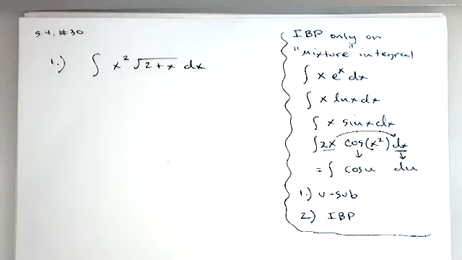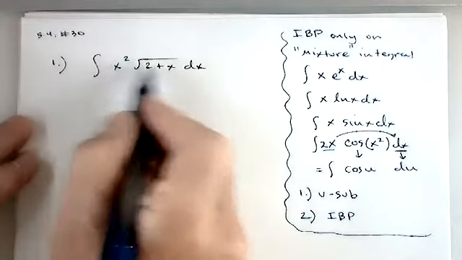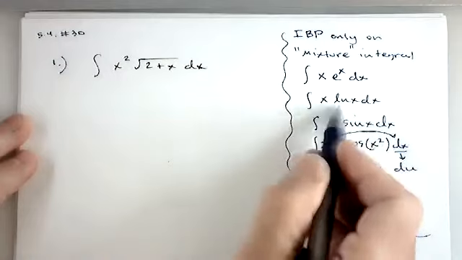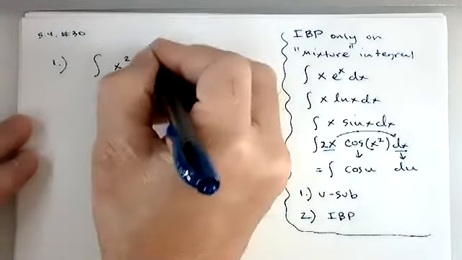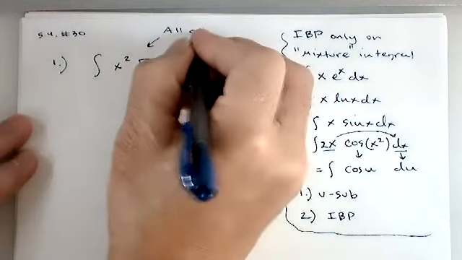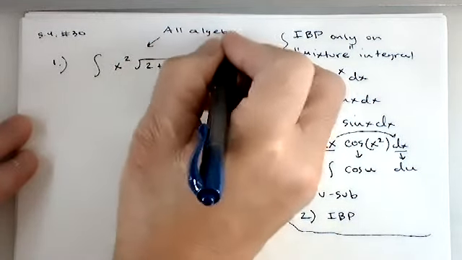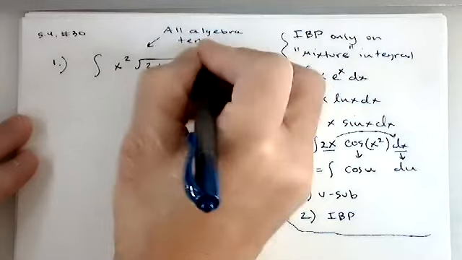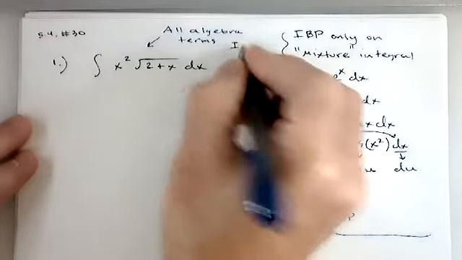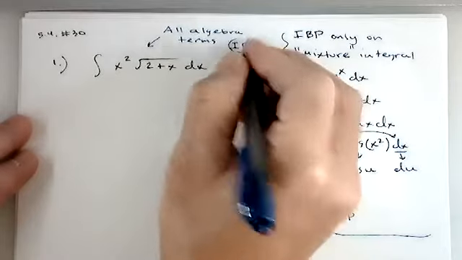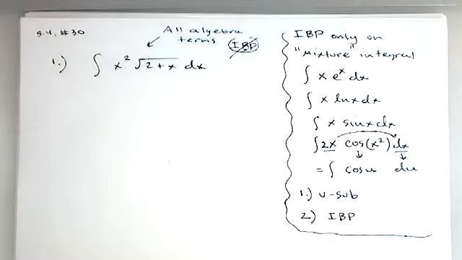But here's my other purpose for that. This, to me, while it's a product, these are all products too, this is not a mixture integral. This is all algebra terms. And if it's all algebra terms, don't even think integration by parts, okay? I'm going to put no, okay?